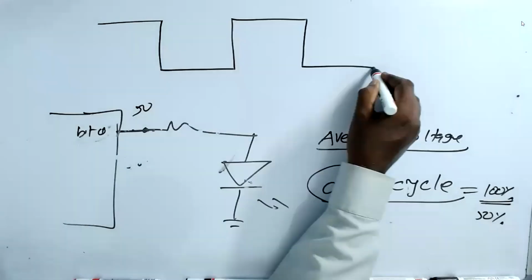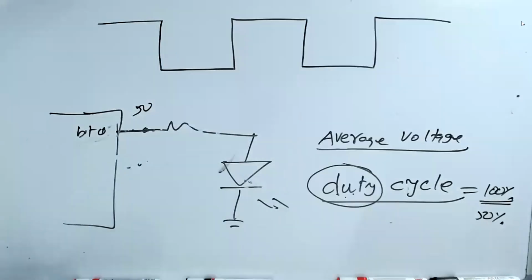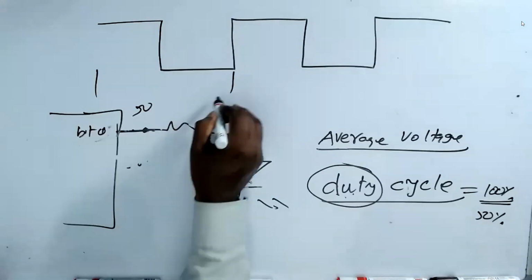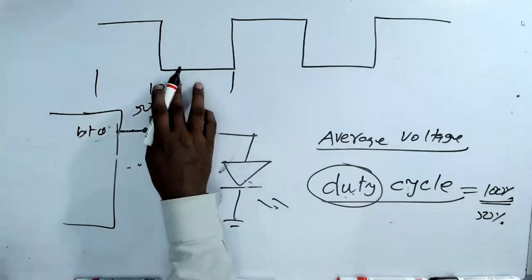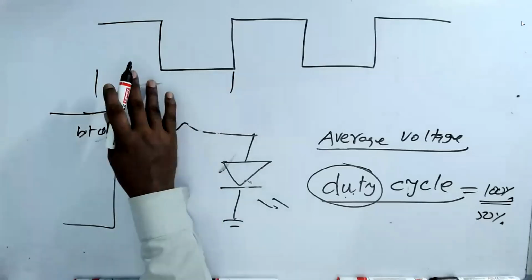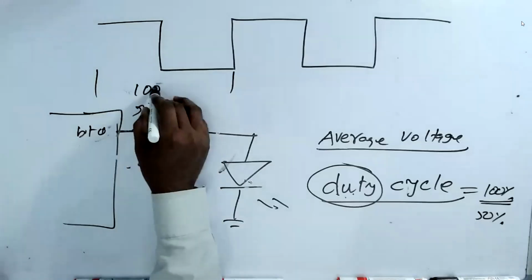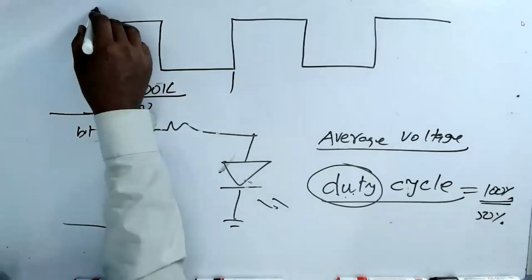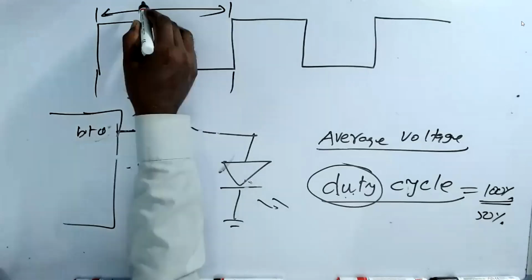You should know what frequency is. Let us assume my frequency is 100 kilohertz. That means the period is 10 microseconds.